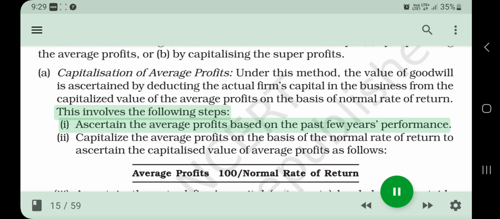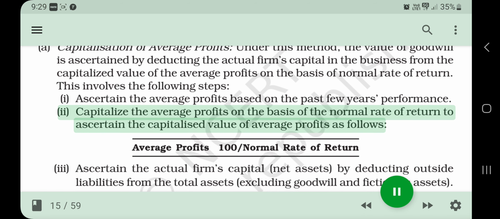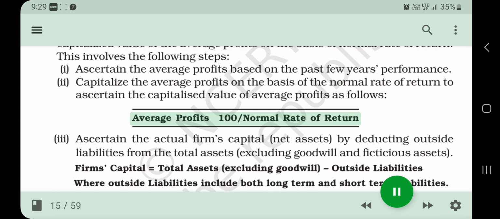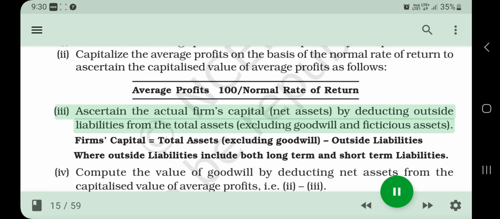This involves the following steps. I. Ascertain the average profits based on the past few years' performance. II. Capitalize the average profits on the basis of the normal rate of return to ascertain the capitalized value of average profits as follows: average profits times 100 over normal rate of return. III.